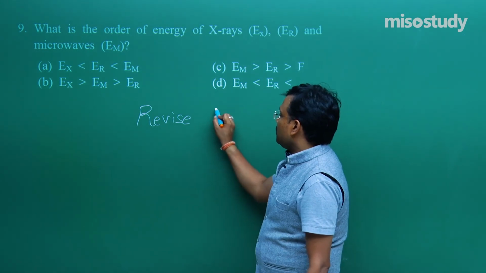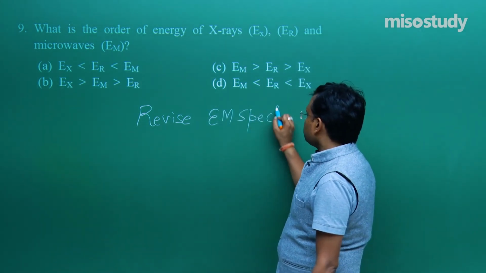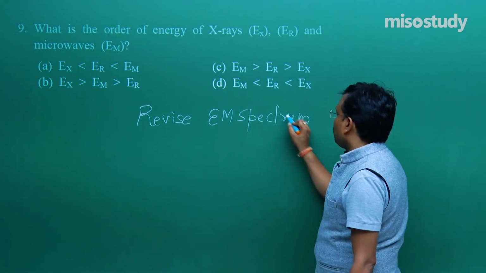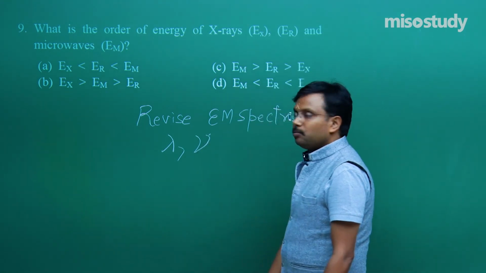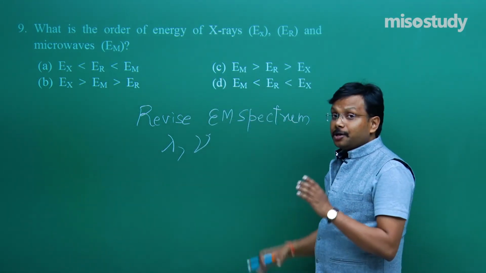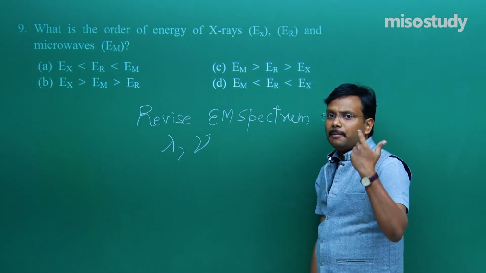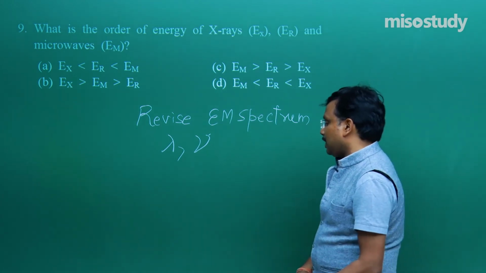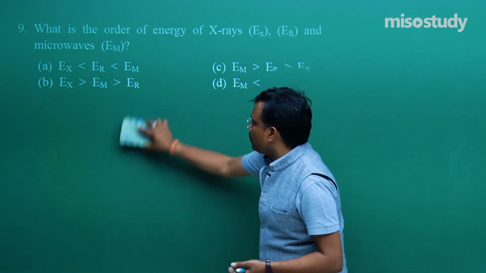Revise the EM spectrum, obviously on the basis of variation of lambda and nu, these two terms. Fine, and you can handle either this question or question number, I think it was 3, which was associated with the infrared camera sensing with remote sensing satellites. So all these questions you can answer using this type of concept.